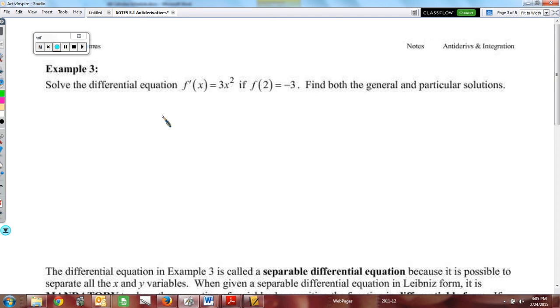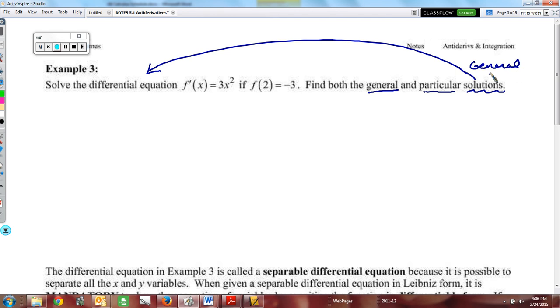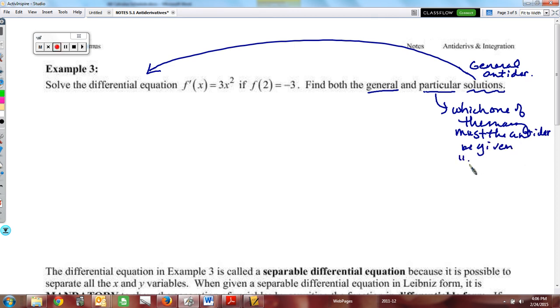Now, one of the things that we start talking about, and this is the most tip of the iceberg on these differential equations, is that in order for me to find a general and a particular solution to a differential equation, what we mean by this is to find a general antiderivative, that's a solution to a differential equation, and then a particular antiderivative, in other words, which one of the many must you be on, must the antiderivative be given some what we call initial condition.